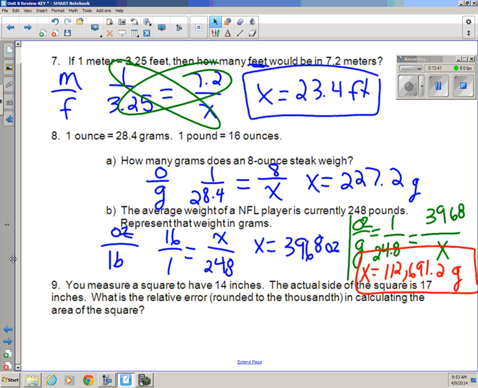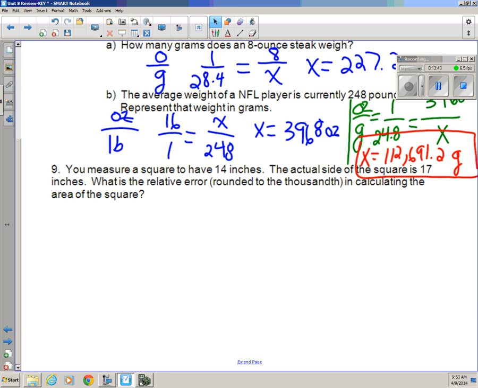Okay, we've got this next one, which is talking about you measure the square to have 14 inches on a side. The actual side of the square is 17 inches. What's the relative error? Round it to the thousandth and calculating the area. So remember, relative error is going to be big area minus small area over actual area.